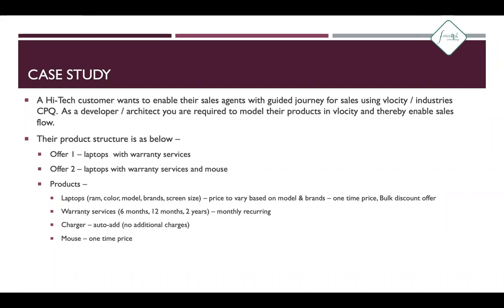Okay, so if I add warranty service, or if I add warranty service plus mouse, what is the benefit of me buying offer one versus offer two? Okay, so just think about from this perspective. Don't think about Vlocity right now. Think about how you would want the product structure to be created.